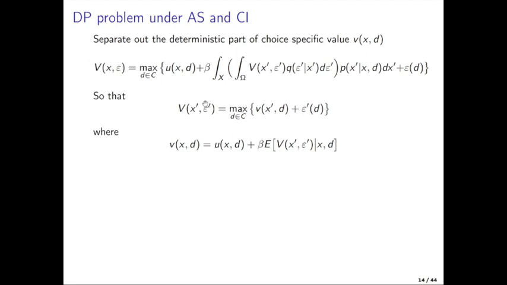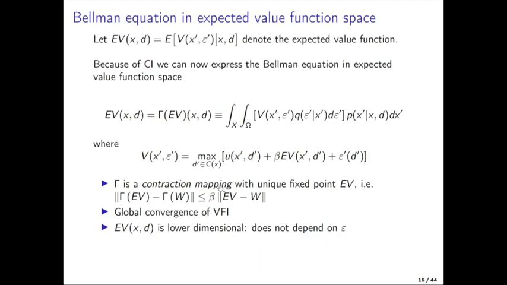And so here's this v. Well, that is just the sum of the utility function and then the discounted conditional expectation of the value function given today's states and today's decision, which is exactly what is written here. So that was the first thing we could do.